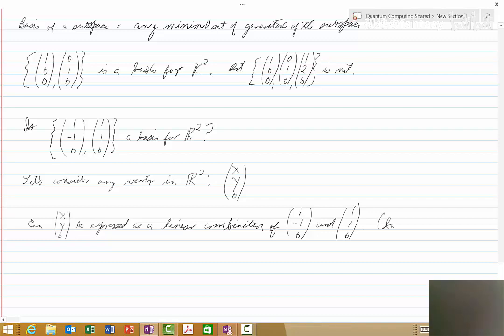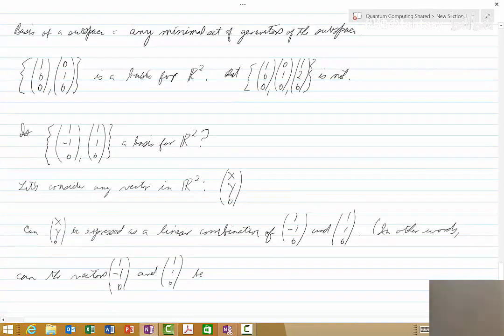In other words, can the vectors 1, -1, 0 and 1, 1, 0 be used to express any vector in R2?